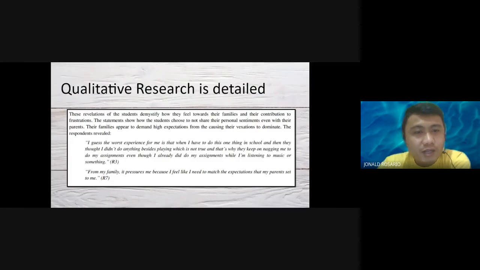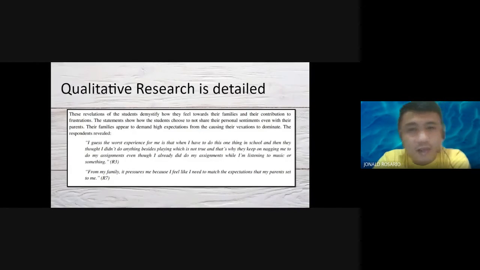It is important, class, that the researcher should capture the direct quotations of the respondents, of the participants from the conducted interview or observation. Just for example, ikaw yung researcher, tinanong mo yung isang participant mo. Ang tanong mo ay, kumusta ang pag-aaral mo sa new normal or using the modular learning?